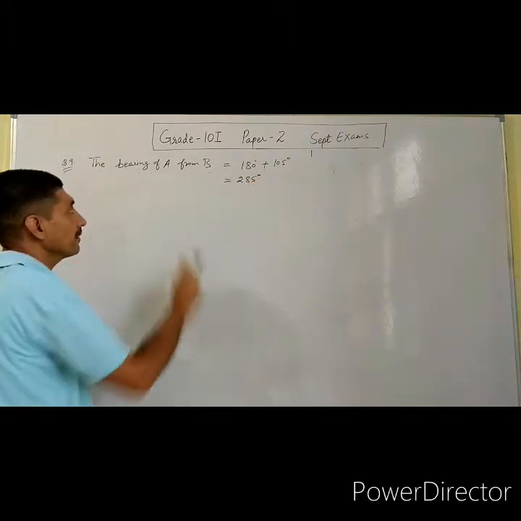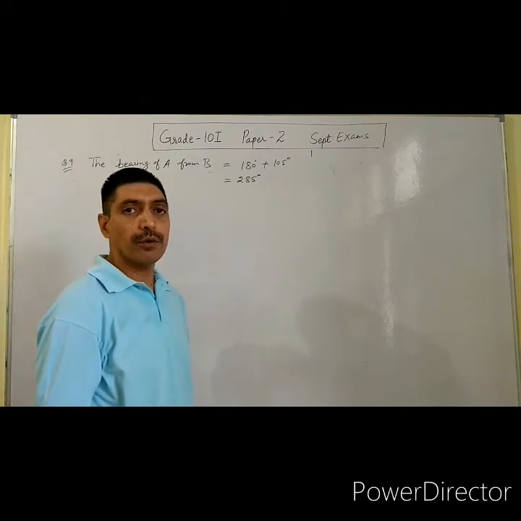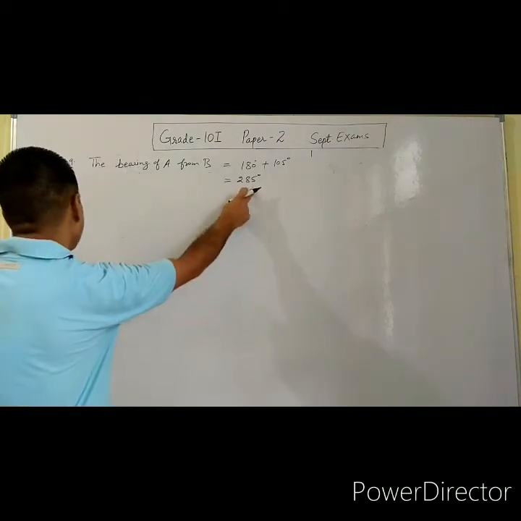So the bearing of the point A from point B, that is 285.